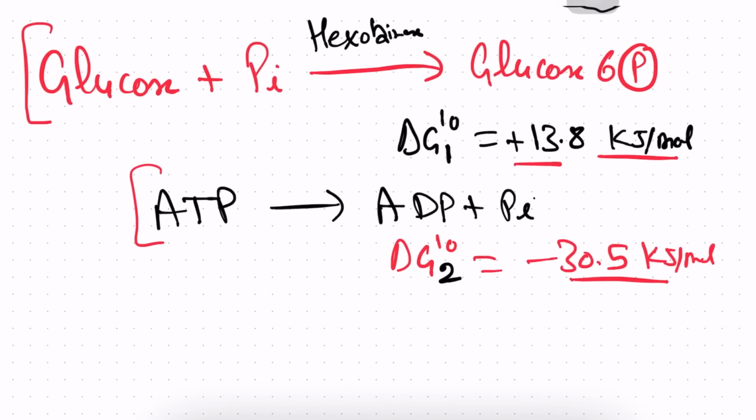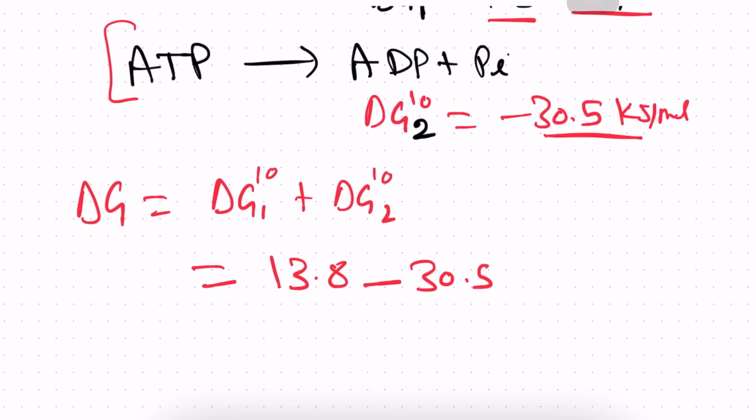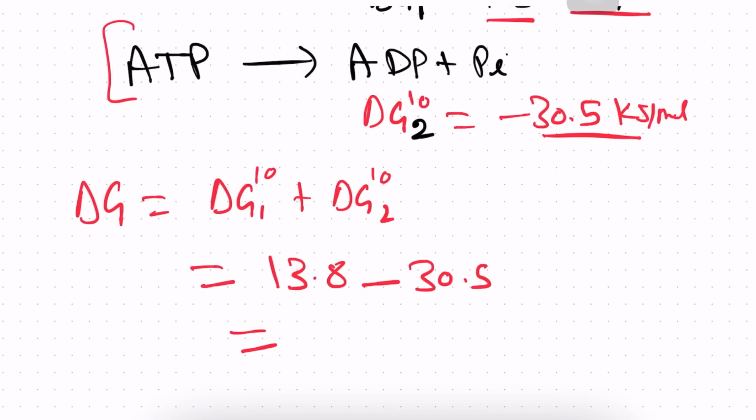If you calculate the change in Gibbs free energy for the overall reaction, delta G is equal to delta G prime naught for 1 plus delta G prime naught for 2. That is 13.8 minus 30.5, and if you solve this, it comes out to minus 16.7 kilojoule per mole.